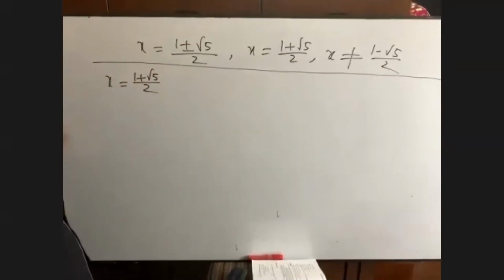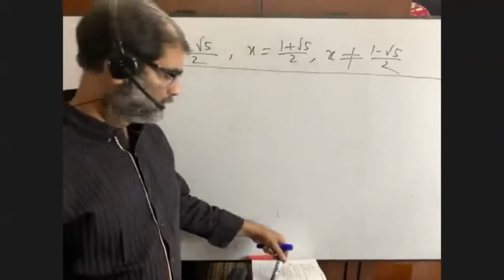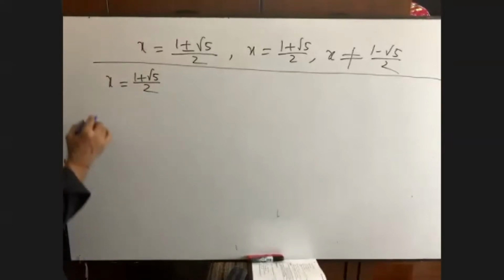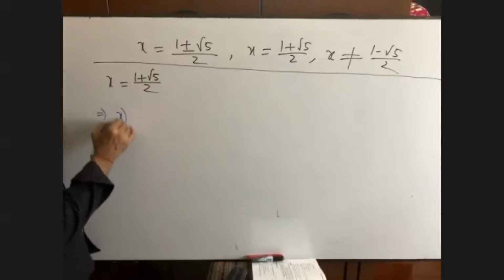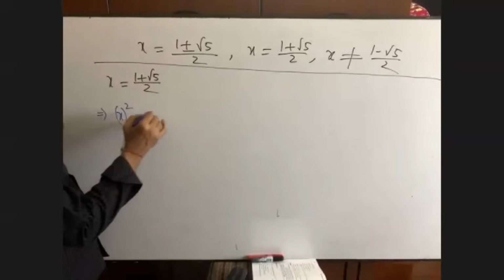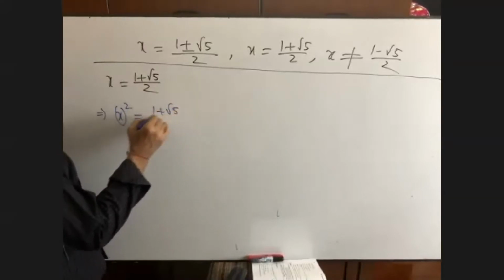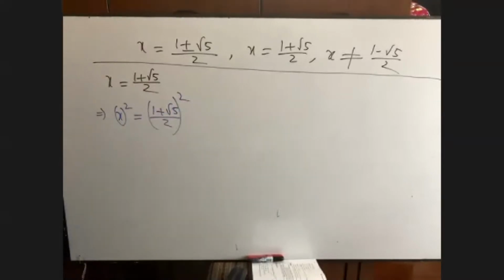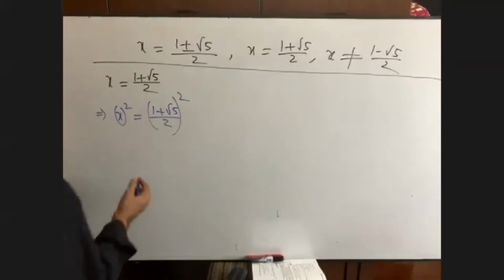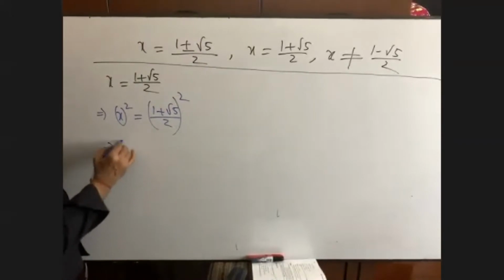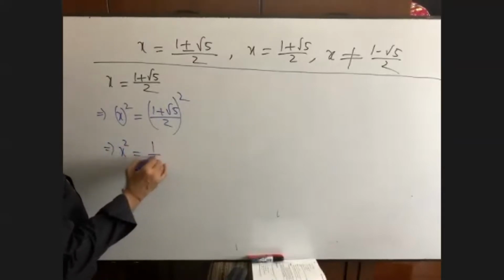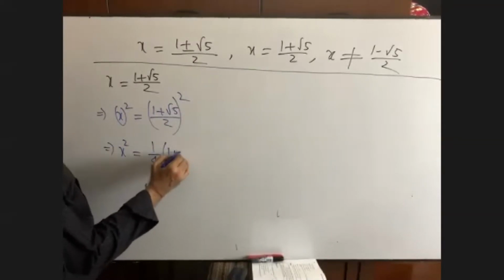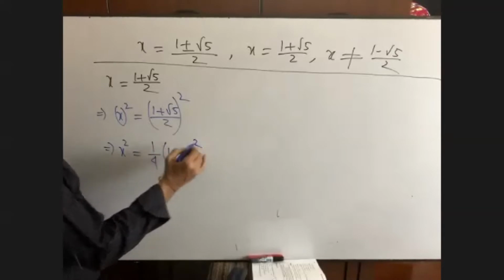Can you get it squaring? It will be given in the exam. Now what I'm going to do? Square it. If I go for squaring, then we'll get x square equals (1 plus root 5 by 2) whole square. That means x square is 1 by 4 times (1 plus root 5) whole square.